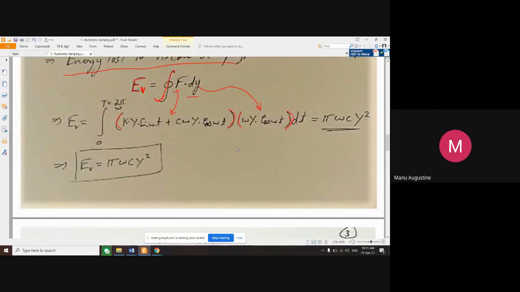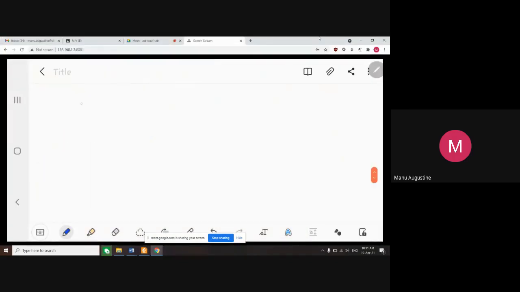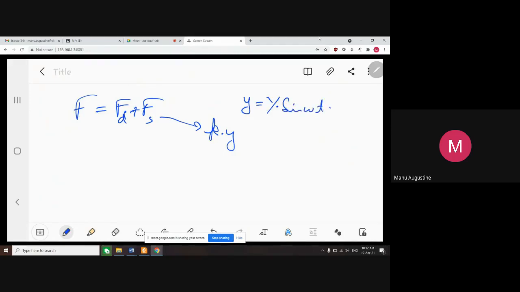I'll show it here. Capital F is equal to FD plus Fs, right? Fs क्या है? K into Y. Y क्या है? कैपिटल Y sin ओमेगा t. ठीक है. FD क्या है?